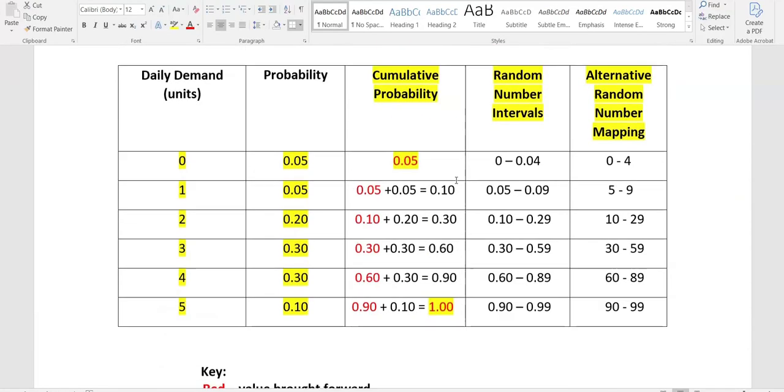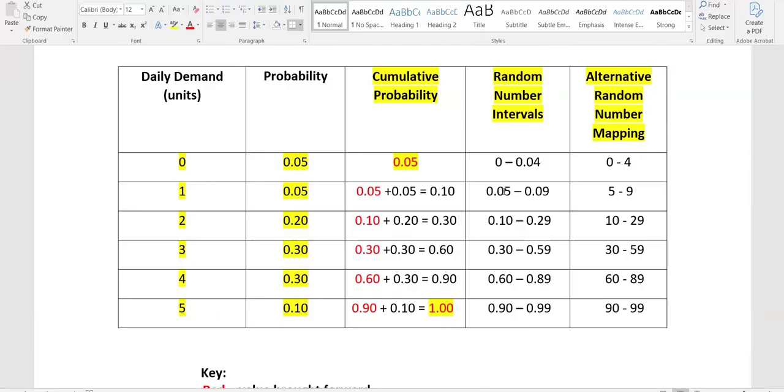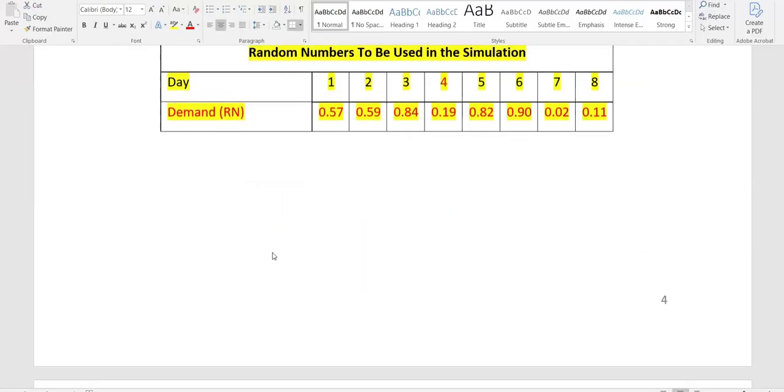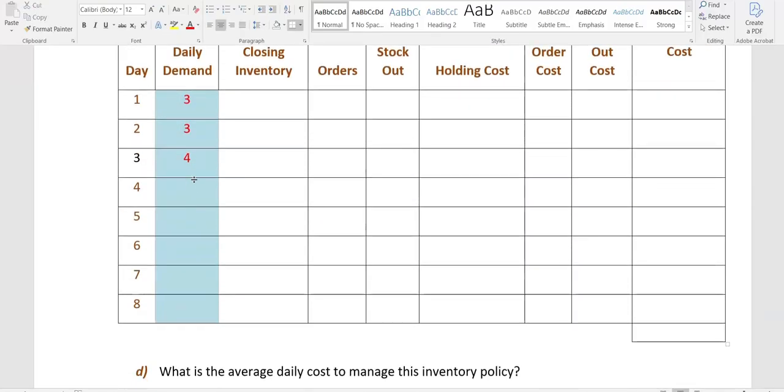Go back to the interval table and say, where will 0.19 fall? It will fall between 0.11 and 0.29, which has a demand of 2. And then you plug in that 2 right here for day 4. That's the predicted demand for day 4.